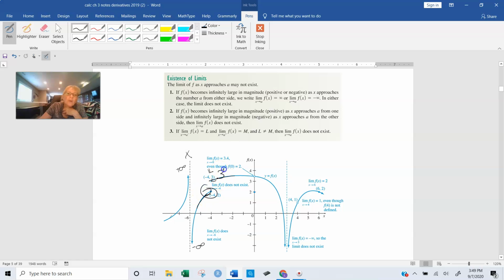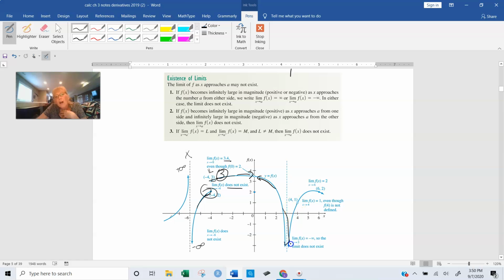Since 2 and 3 are not the same, it does not exist. Here, it approaches 3.5 from this side and 3.5 from this side. So then the limit does exist, and it's 3.4. My fault. 3.4. This one here, it goes down and approaches negative infinity.